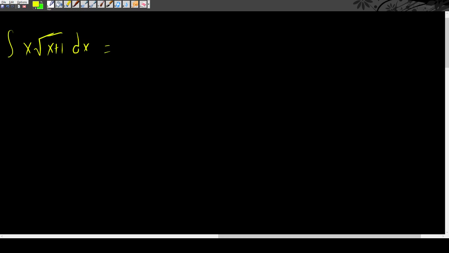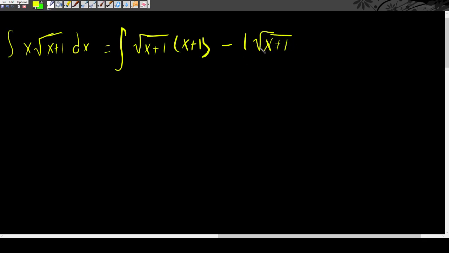Let me look at my notes real quick. You're going to want to rewrite this as square root of x plus 1 times x plus 1, minus 1 times square root of x plus 1. We're not changing the stuff inside of the square root because we literally can't.